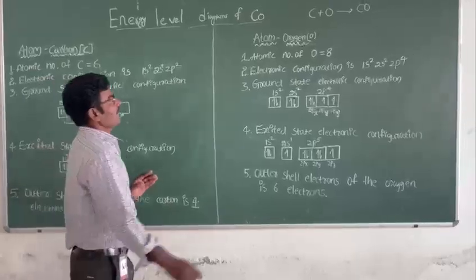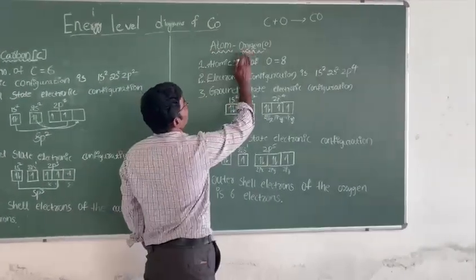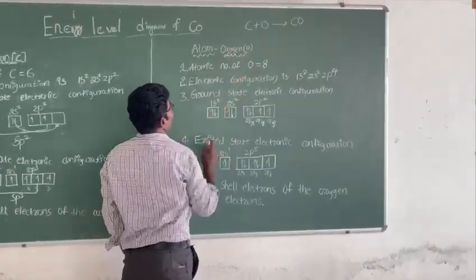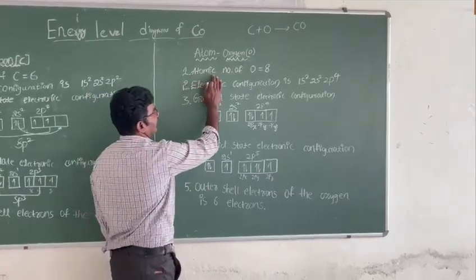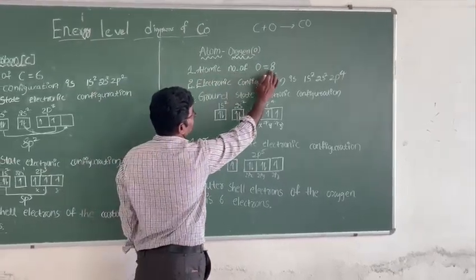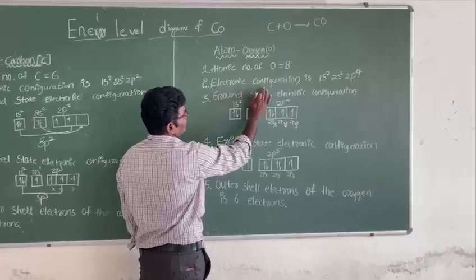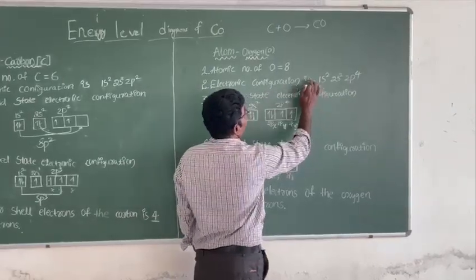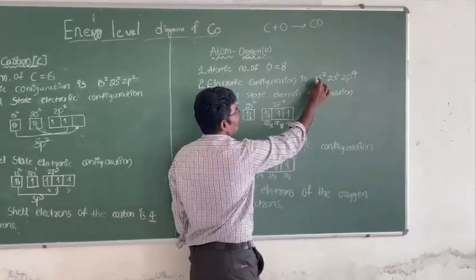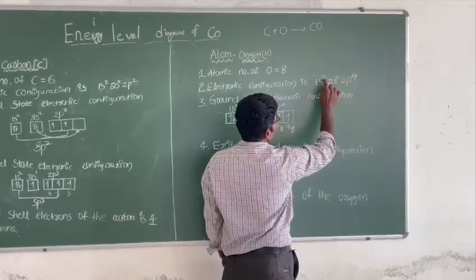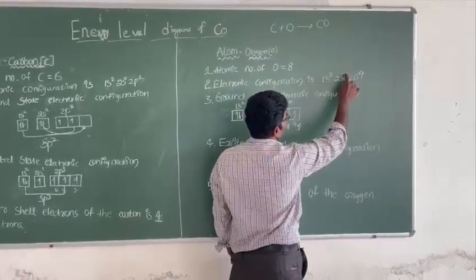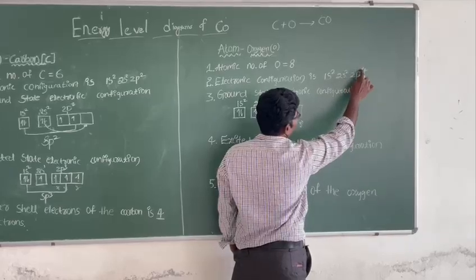Next, the atom oxygen. The atomic number of oxygen is 8. The electronic configuration of oxygen is 1s2, 2s2, 2p4, that is 2 plus 2 plus 4, 8 electrons.